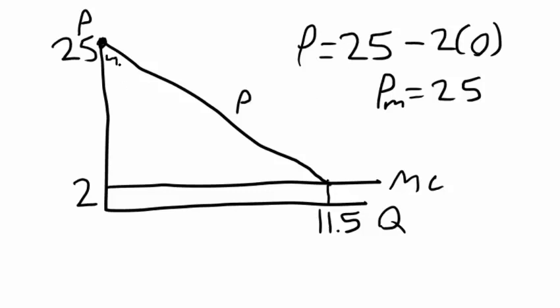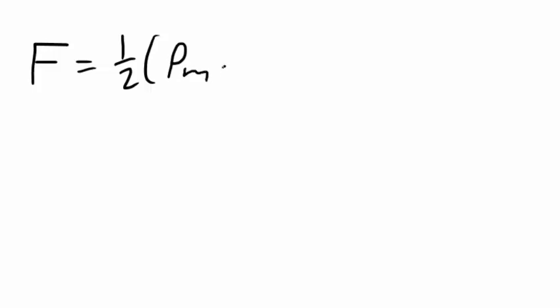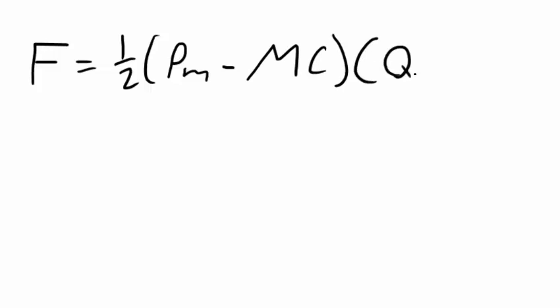And we want to figure out this area because that is our F. So we would have to use a formula for the area of a triangle here. So for a general formula for F, or producer surplus, we would have F equals 1/2 times the quantity of P max minus our marginal cost, and then that is multiplied by our quantity.